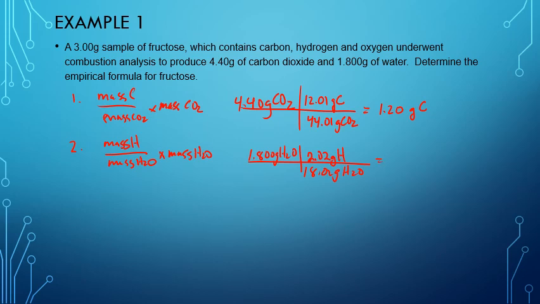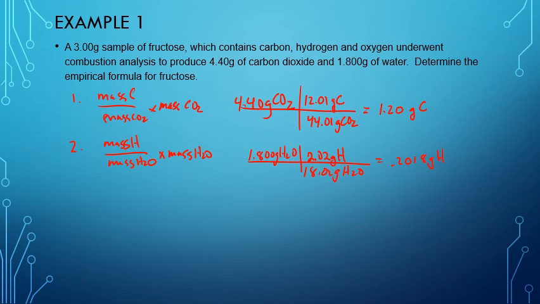Remember, in this case, it's because we have 2 atoms of hydrogen per molecule. So 1.8 divided by 18.02 times 2.02 gives us 0.2018 for our grams of hydrogen.